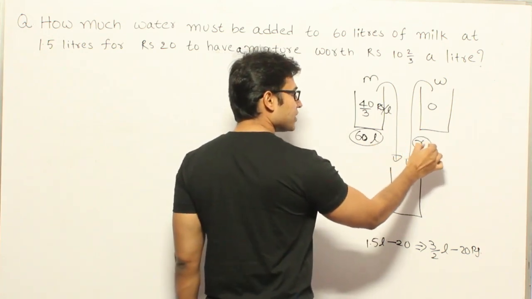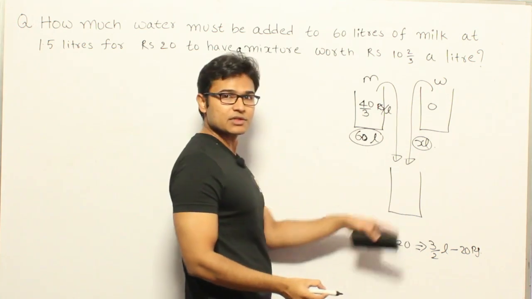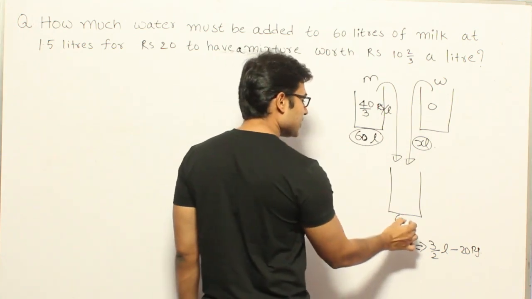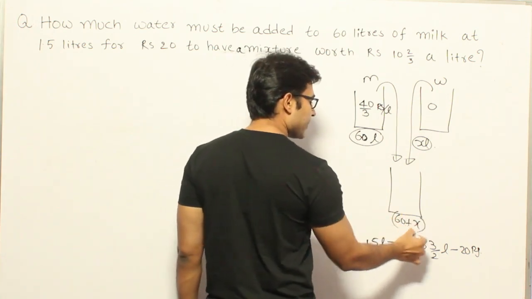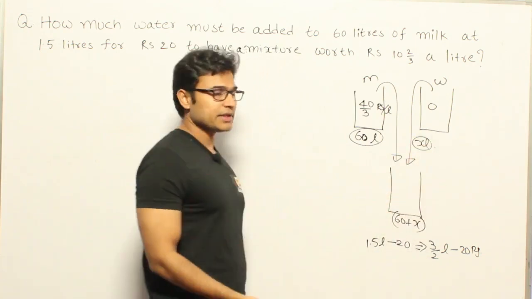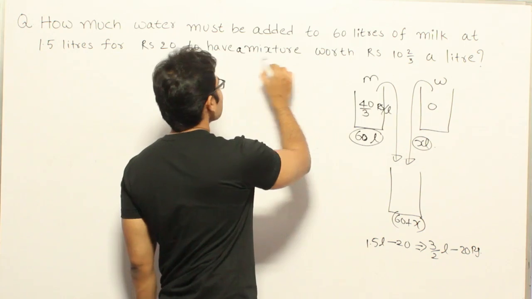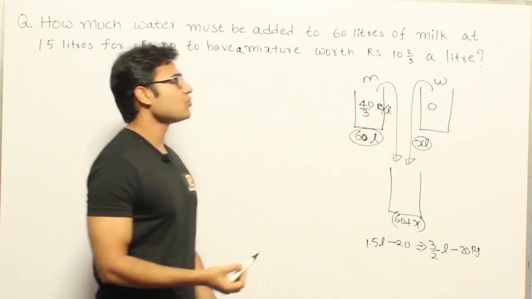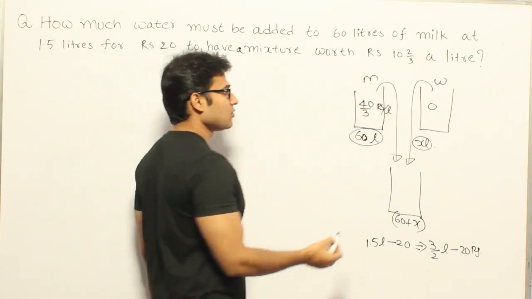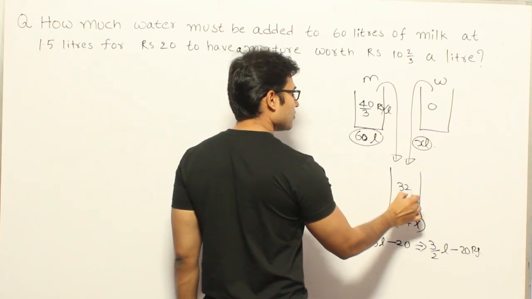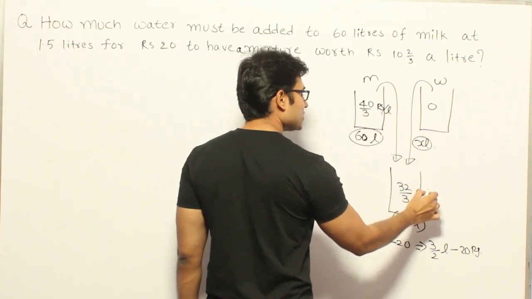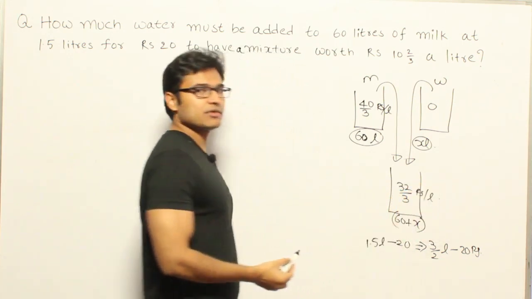Let's say x liters we are taking, which means the final mixture is going to contain 60 plus x liters of milk plus water, in such a way that the cost per liter is going to be 32/3 rupees a liter. So this is what is given.